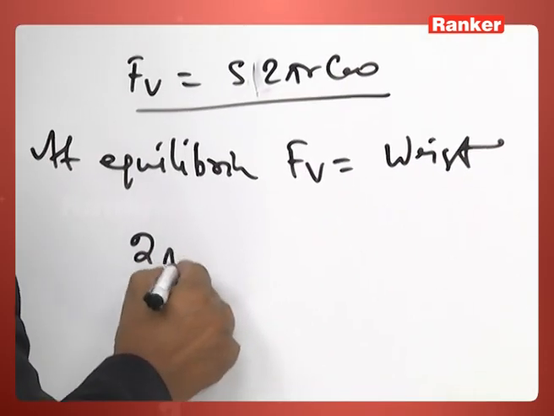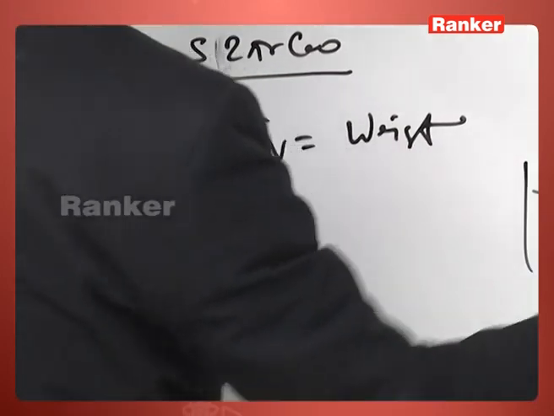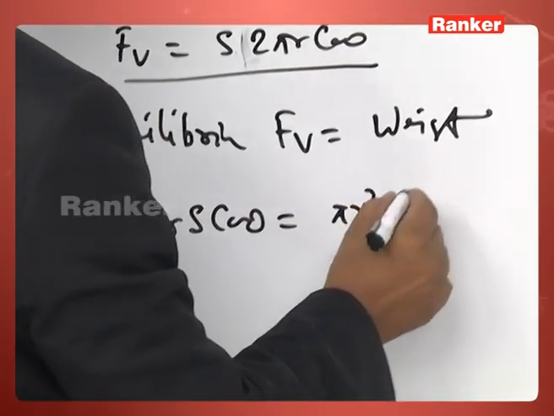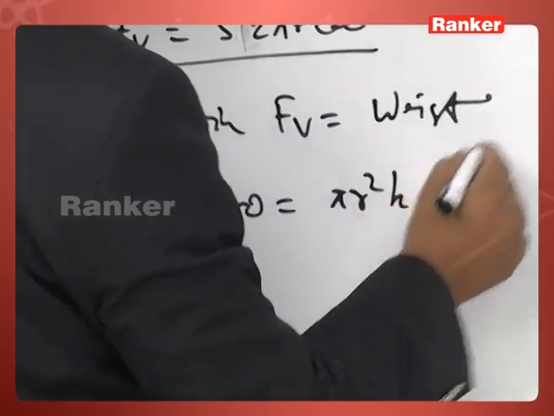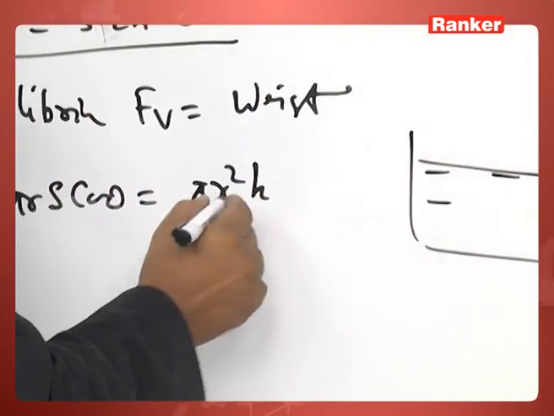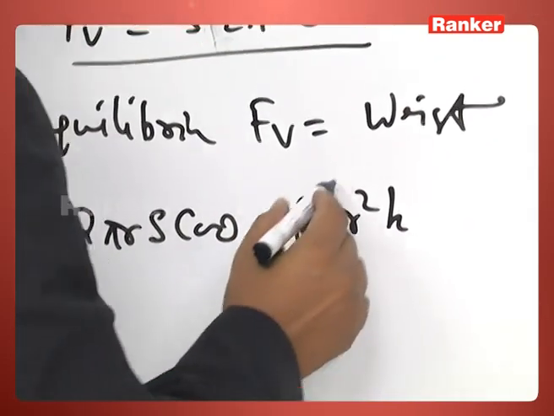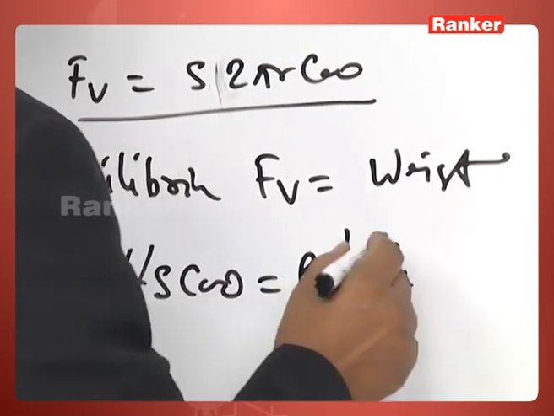So 2 pi r S cos theta must balance the weight, that is pi r squared h, the volume, into density, into g. Here pi gets cancelled and one r cancels.